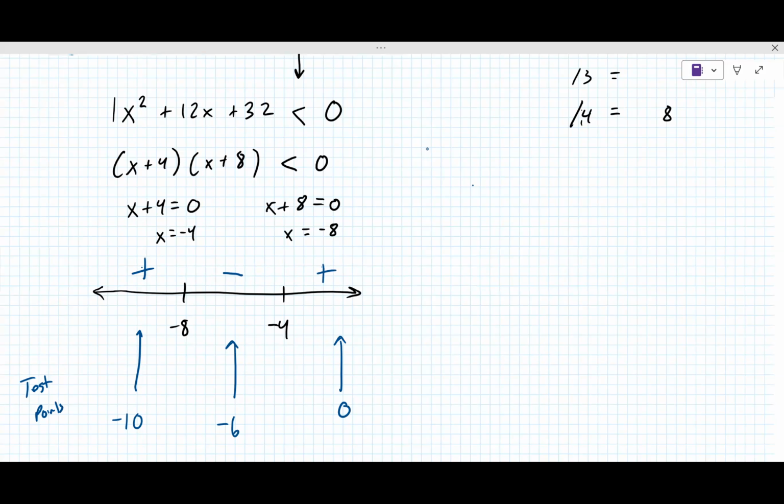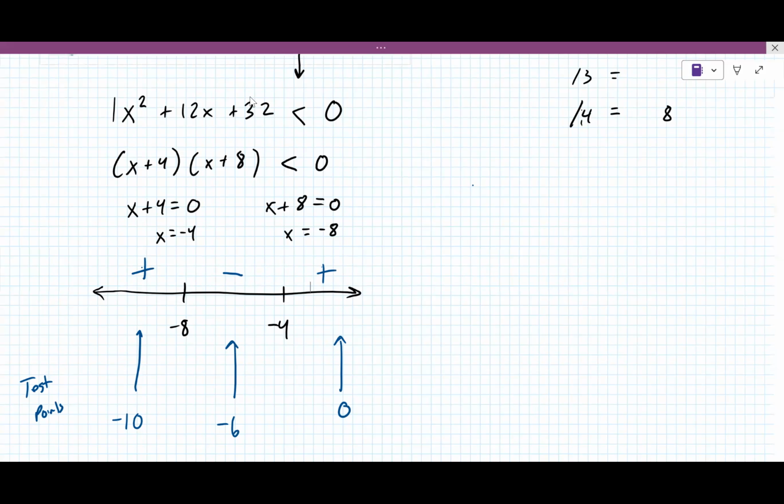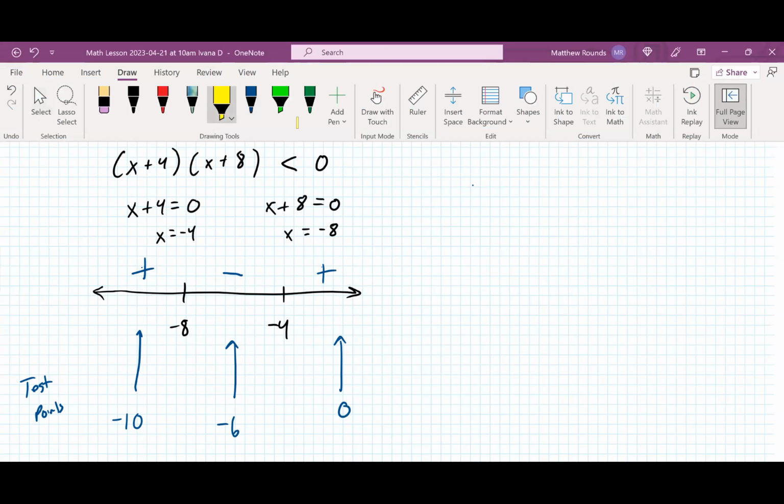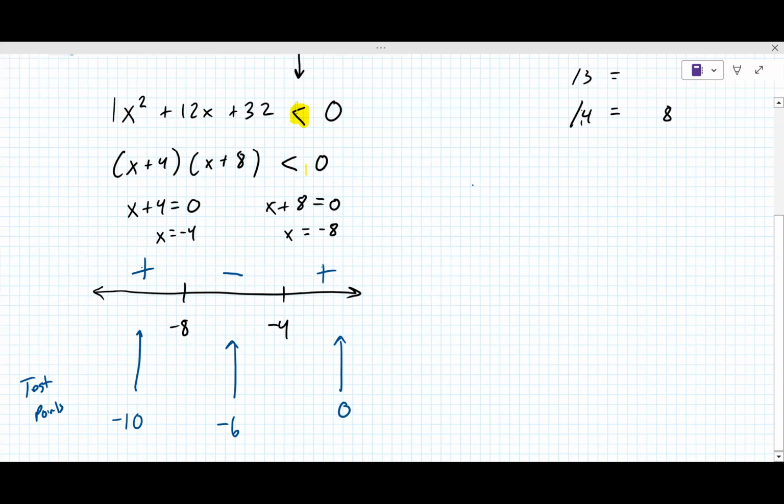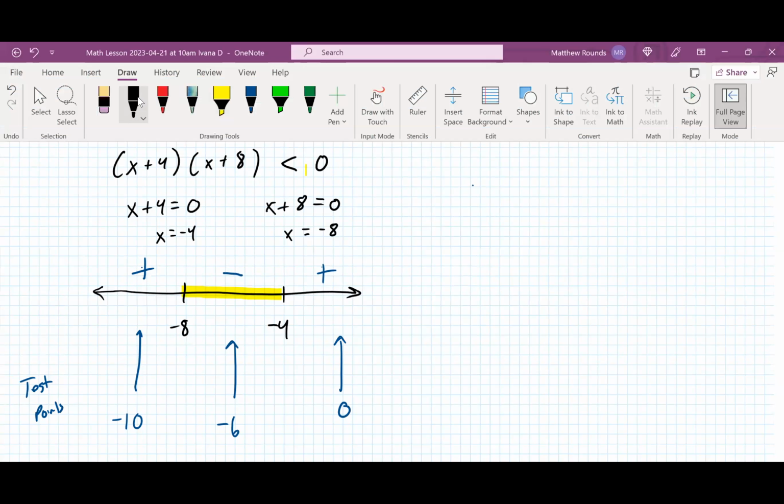So positive. Good. Now, if you look back, we're looking for where it's less than 0, which is in this region here. Does it include the endpoints? That's based on this symbol here, whether it does or does not.